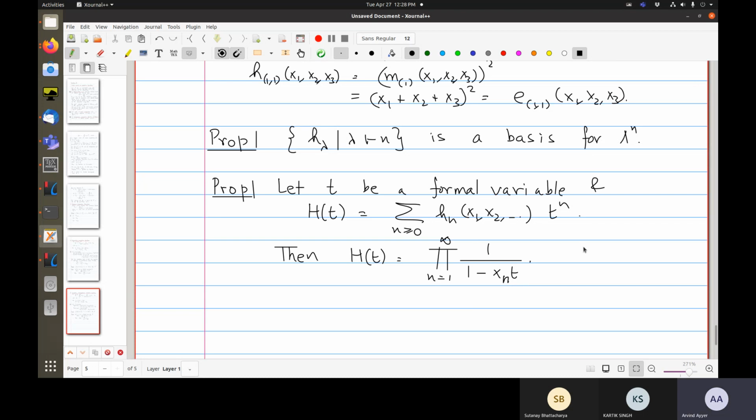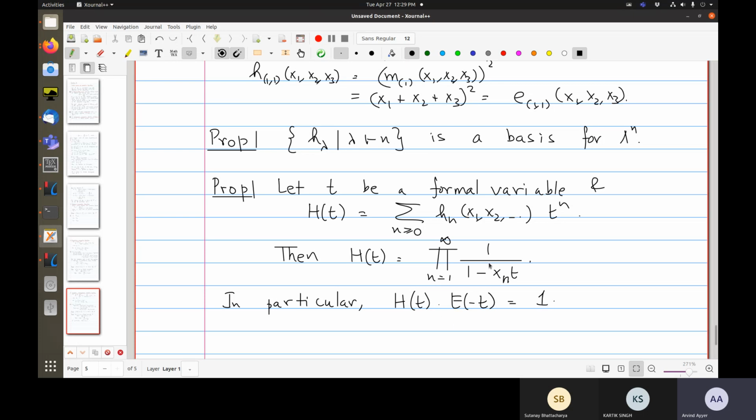Okay, and again, if you expand each of these in a geometric series and you collect terms proportional to t to the power n, you will see that the degree of the terms will be n, and you'll see all possible terms. In particular, this shows that H of t times E of minus t is equal to 1.